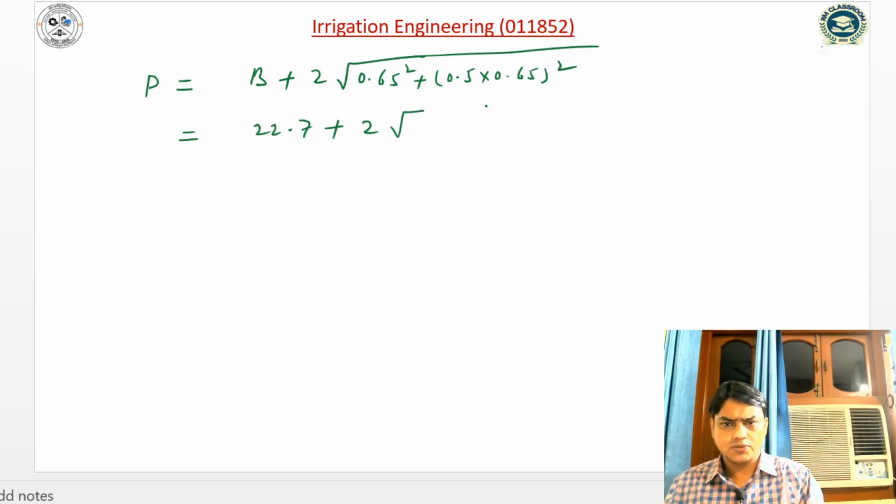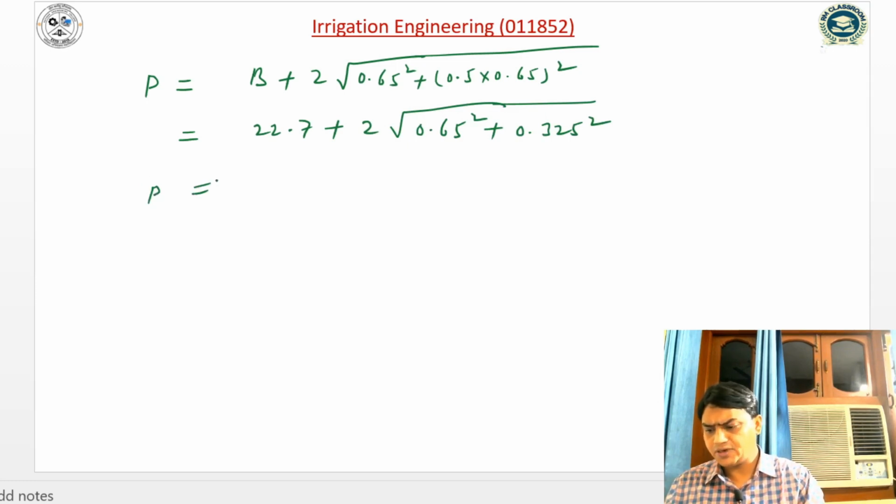So 2 into square root of 0.65 square plus 0.325 square. So the value of perimeter is 24.15 meter.